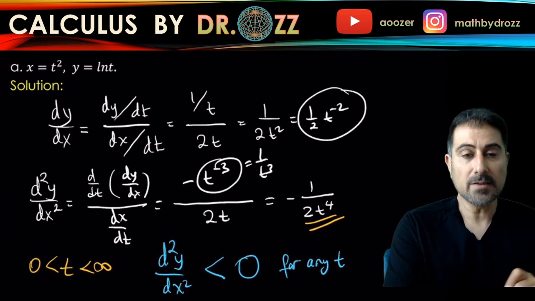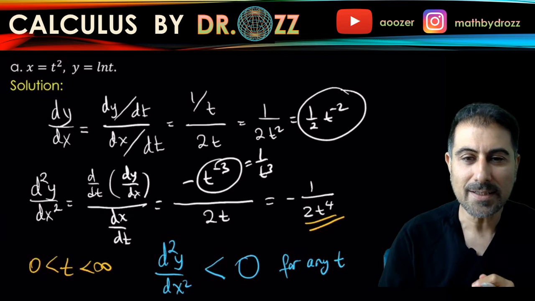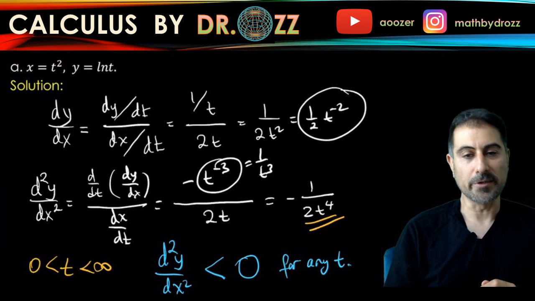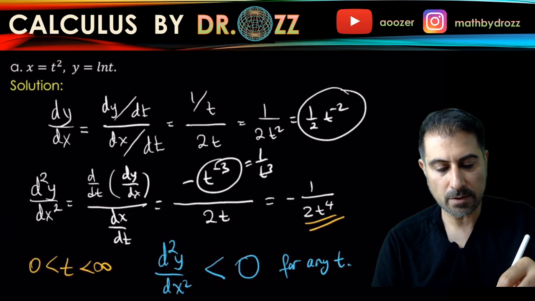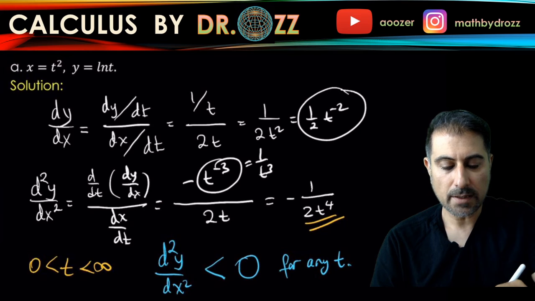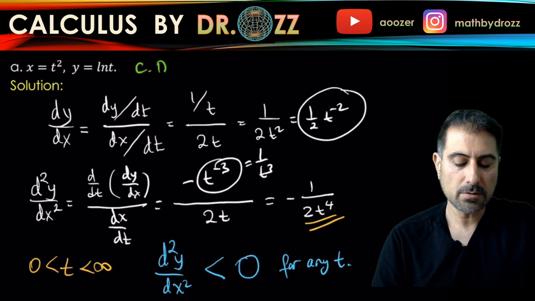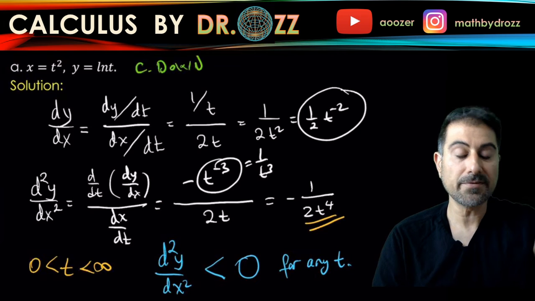So what that means in the sense of Calculus 1 is that y is concave down all over. So the graph of this function is concave down on t in 0 to infinity.